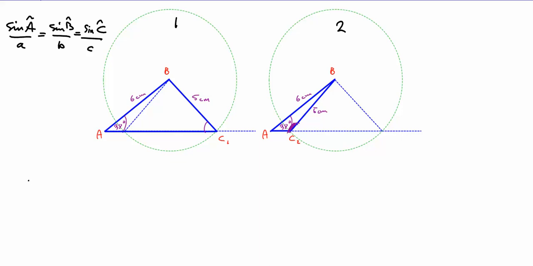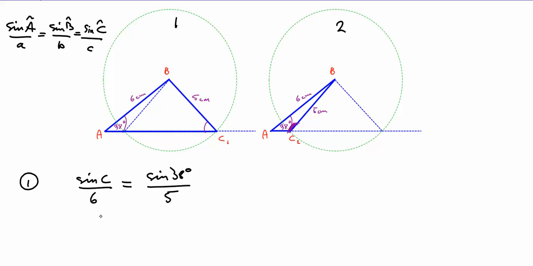So for case 1, we're trying to find angle C, so sine C over c, and c is of course the opposite side, 6, equals sine A over the opposite side 5, so we have sine of 38 over 5.